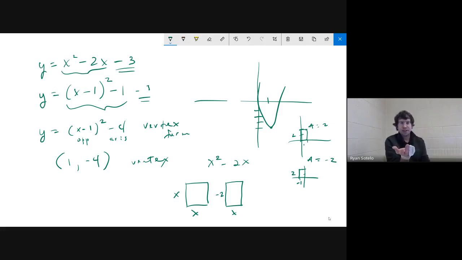But in the other case, my thumb goes left, and then my fingers go up, and so my rectangle is pointing down. So when we talk about a negative area, or you have a negative number, just think of it as the thing's flipped over. That's all it is.